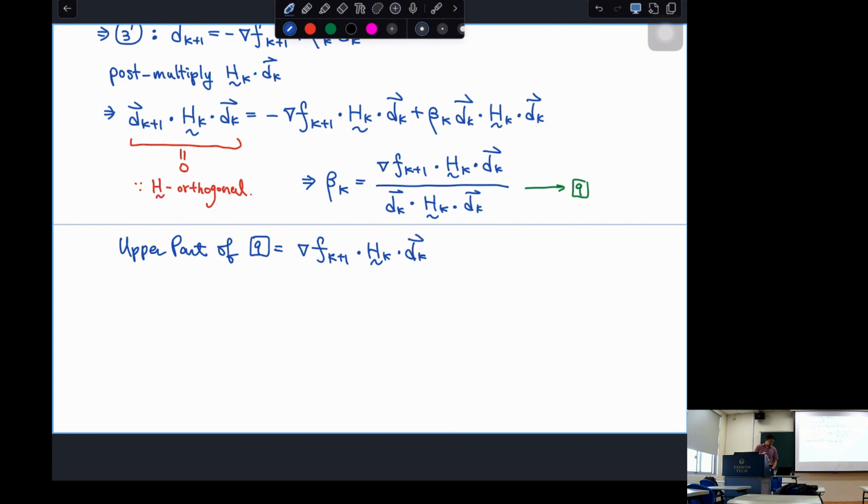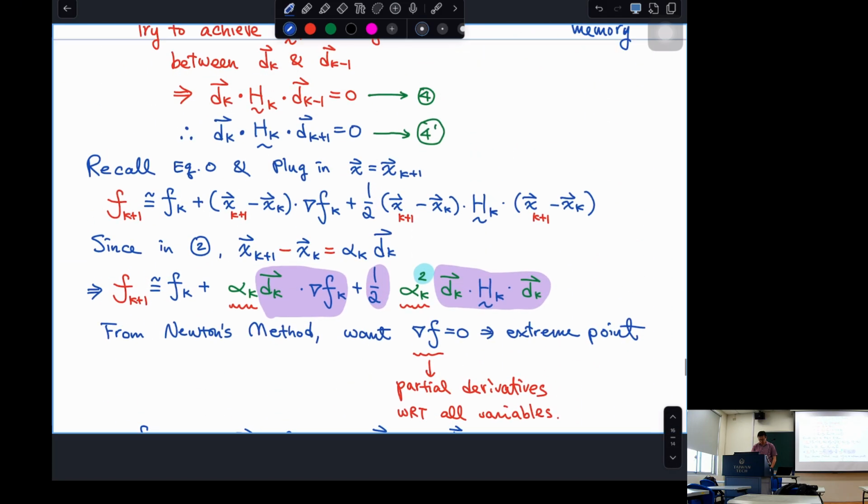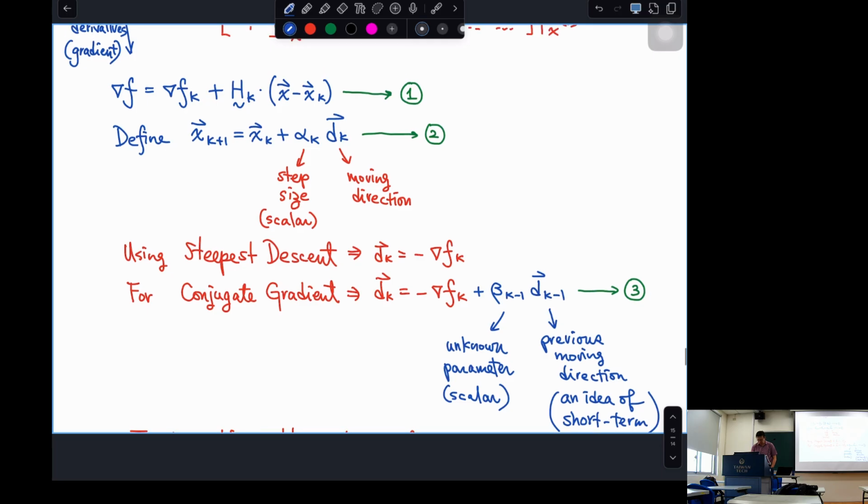Right? I took the upper part. So right here, what can we do? We can recall equation 2.